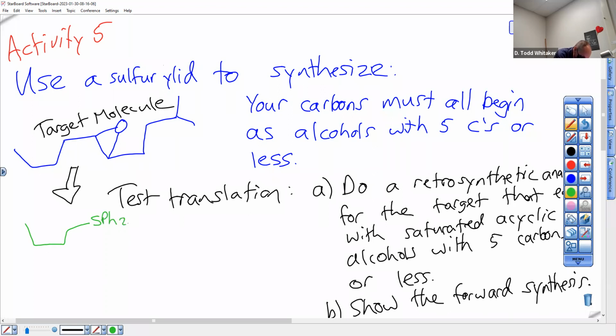And to be an ylid, it needed to have a lone pair and a minus. 1, 2, 3, 4. Oh, we lost the carbon, 1, 2, 3, 4, 5. I just didn't draw it very nicely. There it is. Got to have 5 carbons up to here. And the carbonyl was the other carbon. And we'll do it in baby blue. And there it is.